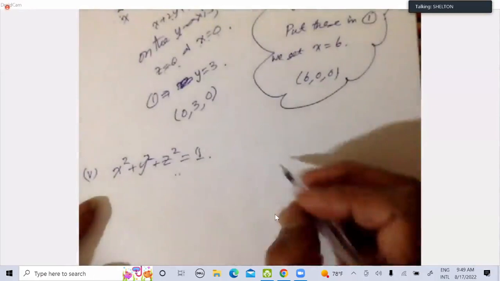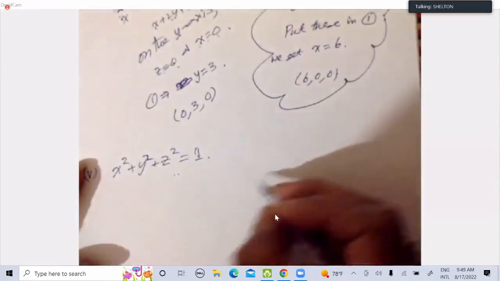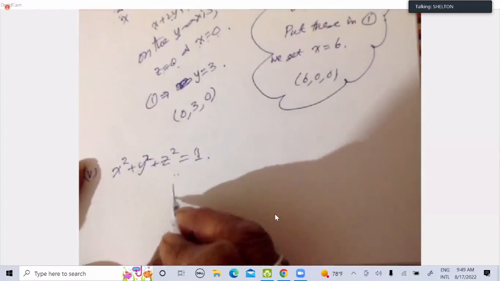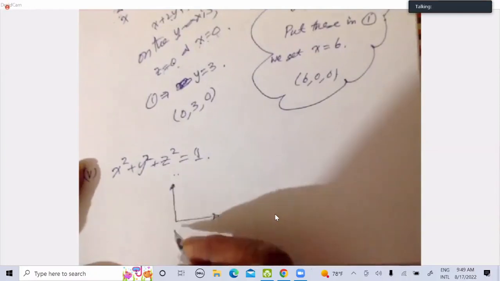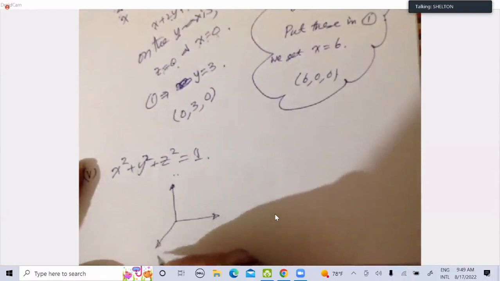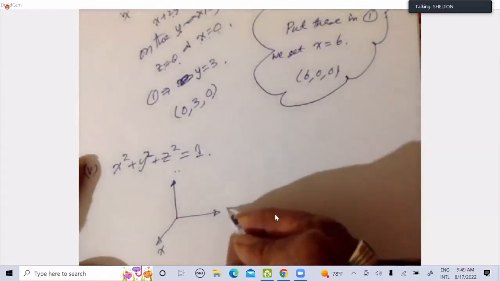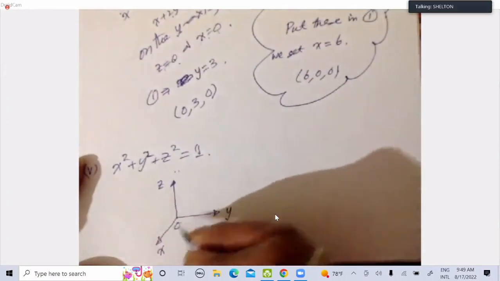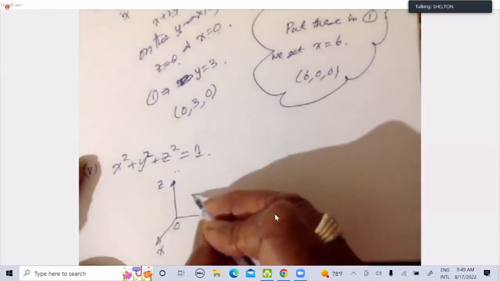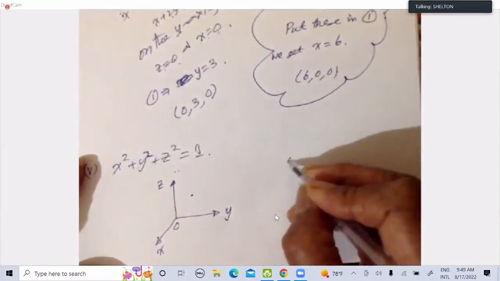In fact, this is going to be, let us draw. The x-axis is this way, not this way now. Earlier it was the x-axis. Now this is the y-axis, and the z-axis. This is O. Let us suppose a point P satisfies this equation.